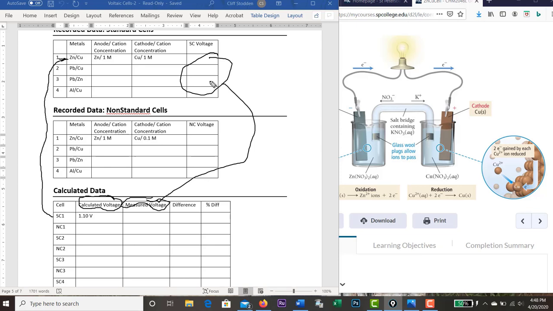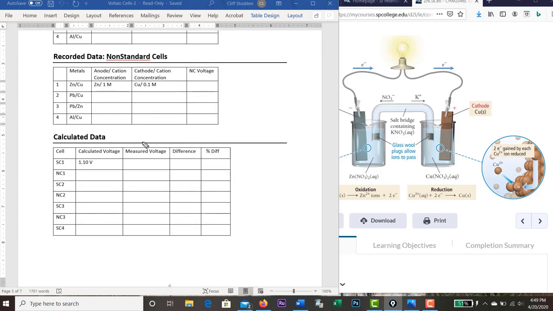But we're not going to have that data, so we don't need to worry about that or this whole column. We're not going to be filling this column in at all, but we will be filling this one in with calculations. We also are not going to be doing differences or percent differences for this experiment, since I'm not going to be giving you any actual data. In the lab report quiz, you're going to be calculating all of these values. So we're going to talk about how you do that.